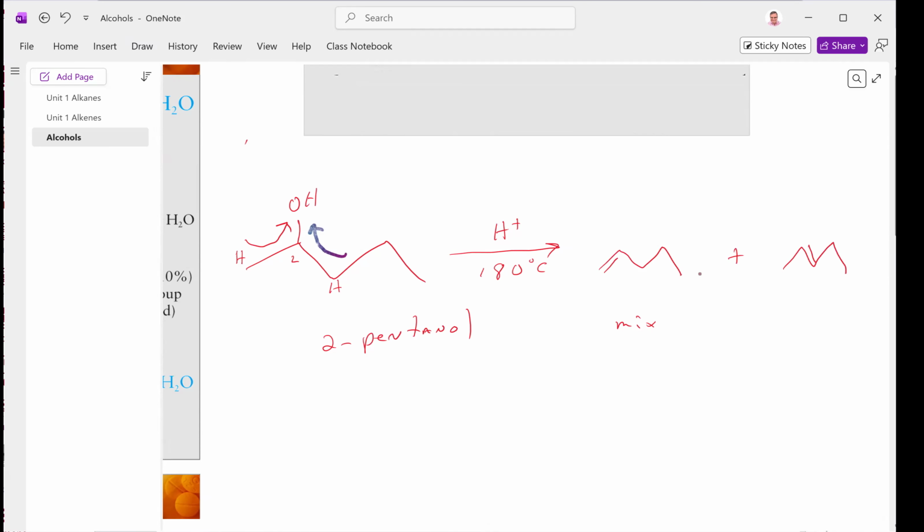So that means we've got 1-pentene and 2-pentene as a mix. Which do you think is more stable, left or right? You said right. Why? More symmetrical.